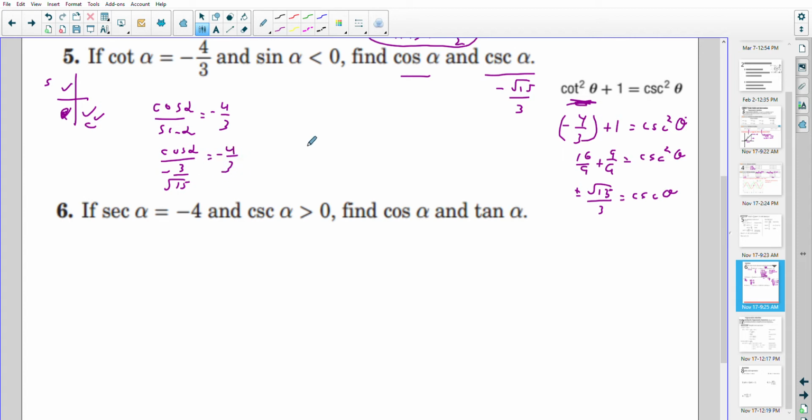You can see these are starting to get quite challenging. Cosine alpha equals, let's see, -4 over 3 times, I'm going to multiply both sides by this, and then it's going to be a -3 over square root of 15.